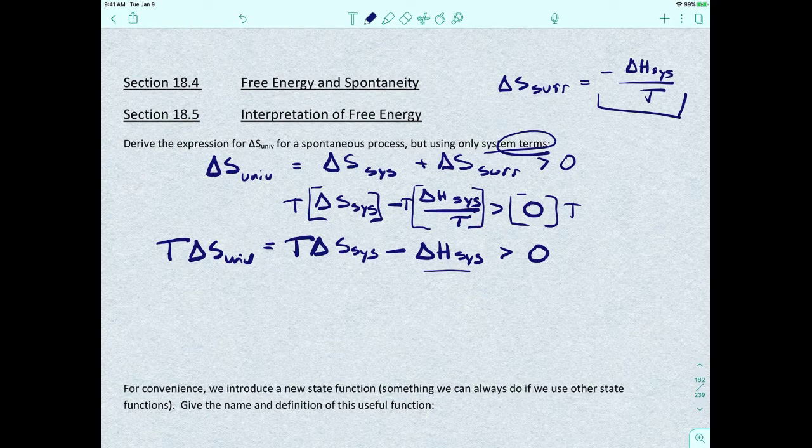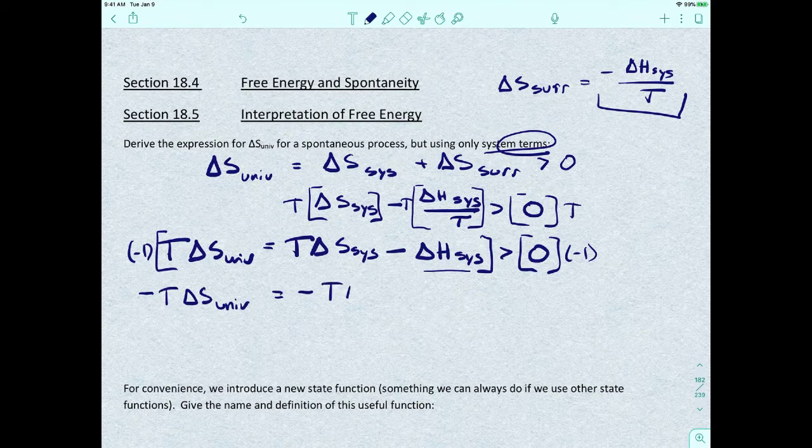So I'm going to multiply both sides of this equation by -1, and that helps us flip all the signs. We get negative T delta S of the universe is equal to negative T delta S of the system plus the enthalpy of the system.